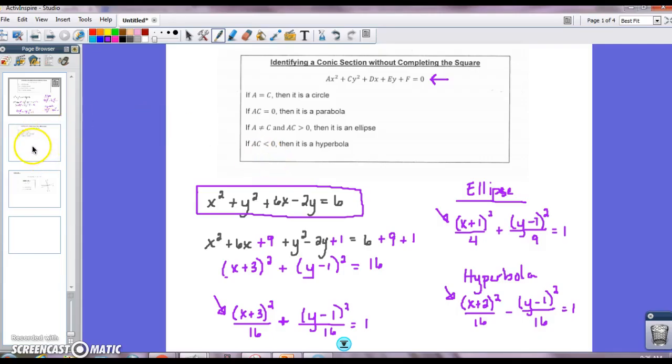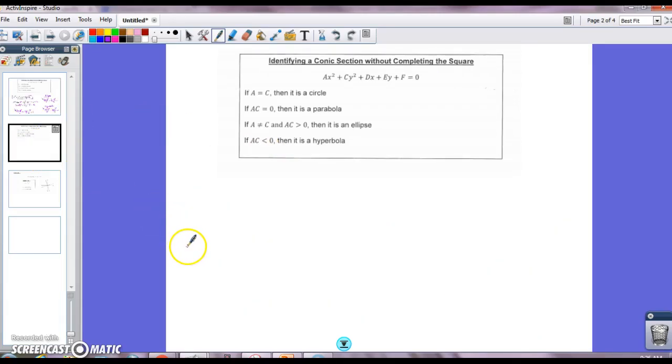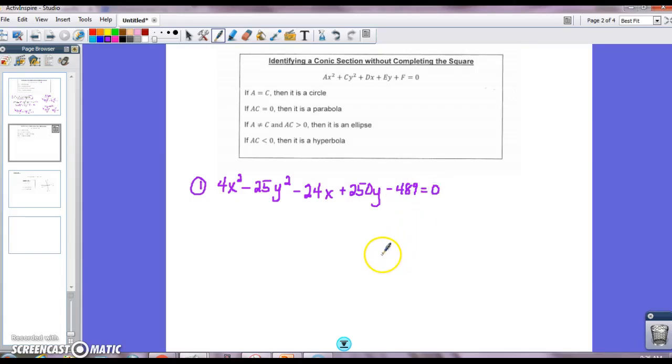So let's go through the examples that are on your sheet. In example number 1, we've got 4x squared minus 25y squared minus 24x plus 250y minus 489 is equal to 0.